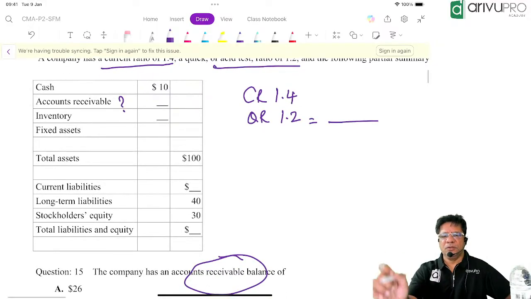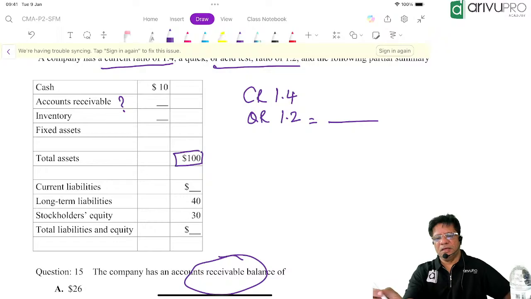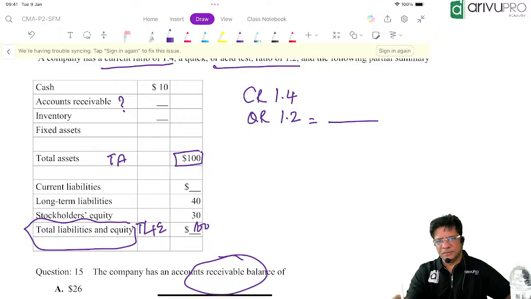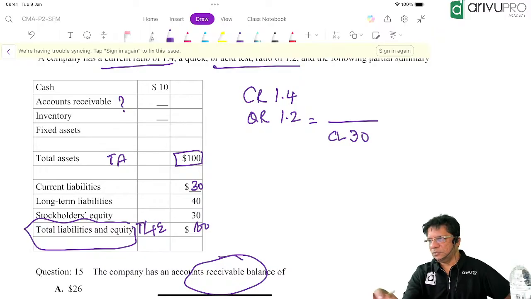Okay, look. Total assets is 100, right? That means total liability plus equity also should be 100, correct? Now, from 100, if you reduce 40 and 30, you will be left with 30 as the current liability. Use any ratio. Quick ratio 1.2.